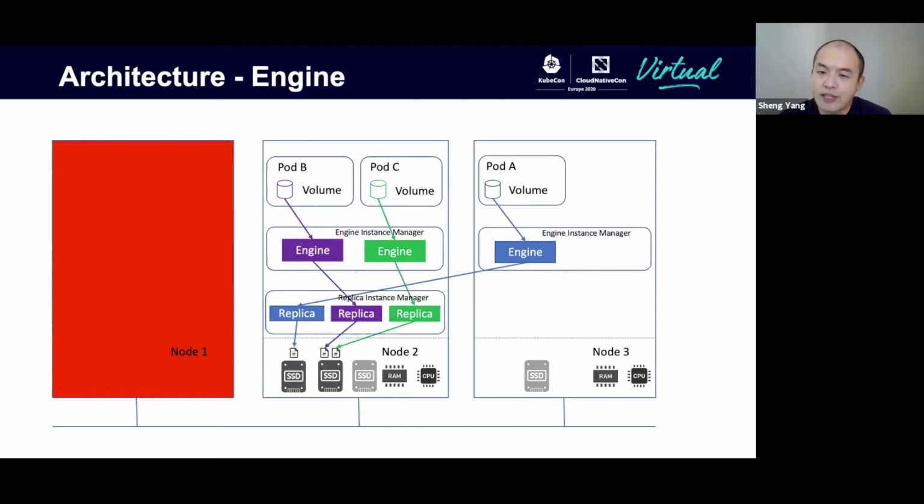Kubernetes gives us the ability to easily start pods and schedule them around the cluster and make sure that they can easily be monitored and handled. So we don't need to invest a lot of effort to manage those microservices, but rely on Kubernetes for that. That's also why Longhorn is built on top of Kubernetes.